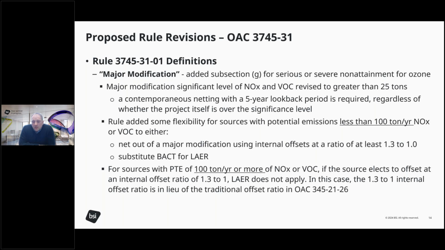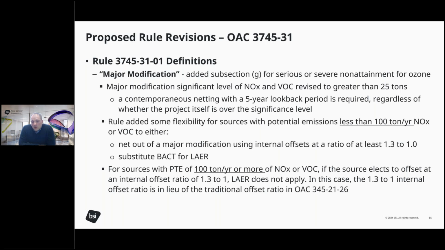They're adding a subsection G for serious non-attainment. And the language in that is consistent with Section 182 of the Clean Air Act. But the first part of this definition is related to the major modification threshold. So it's a little bit different on how it is defined now compared to how it used to be with the two-step process under PSD and marginal minor non-attainment.